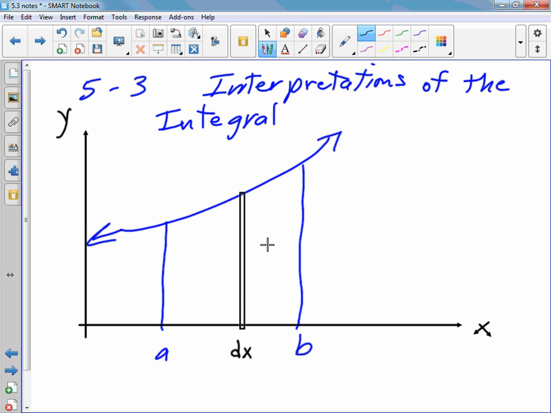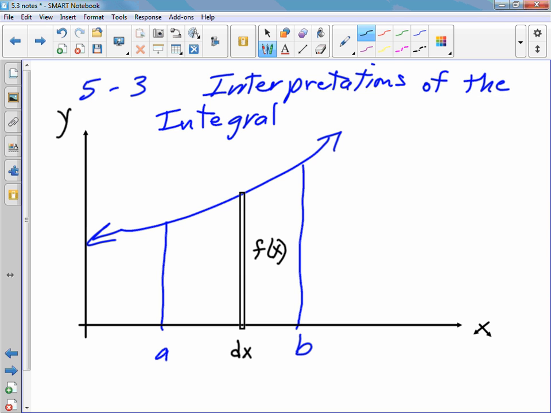Think old school. The height of anything. Close to y, but in function notation, there you go. So the height of this is f of x, okay?